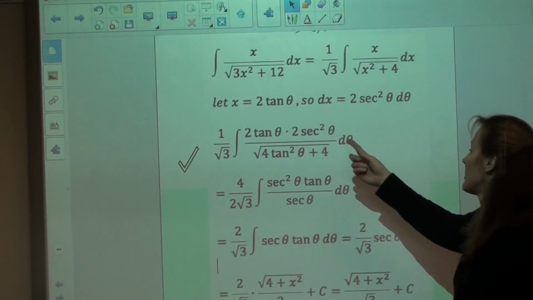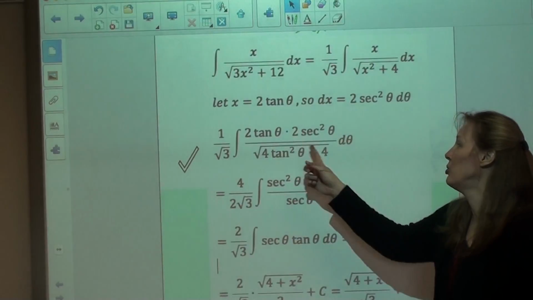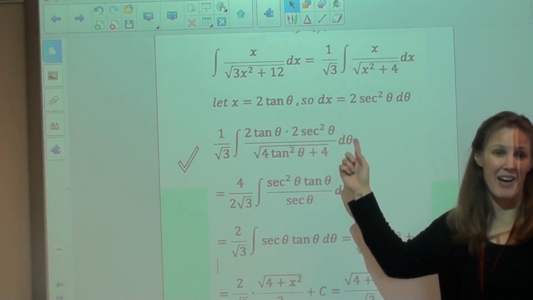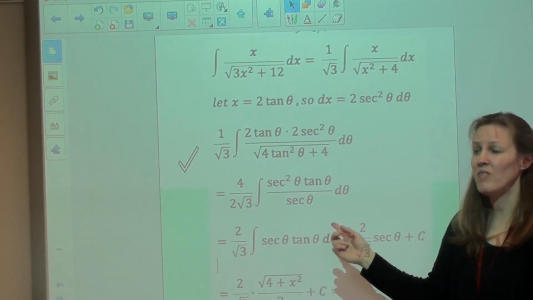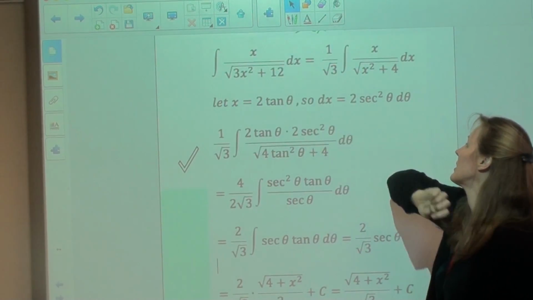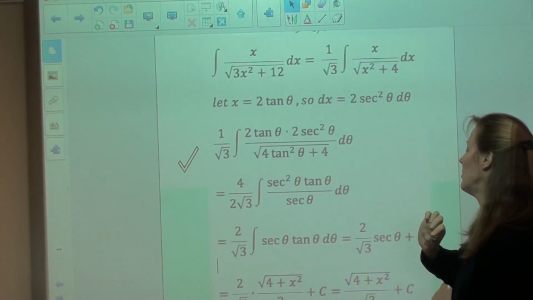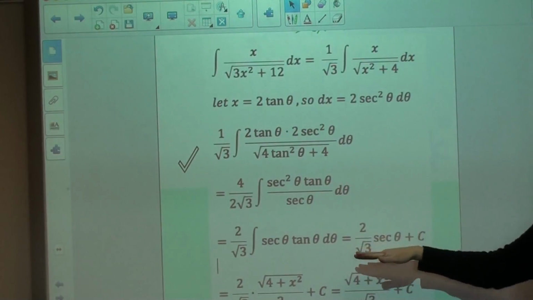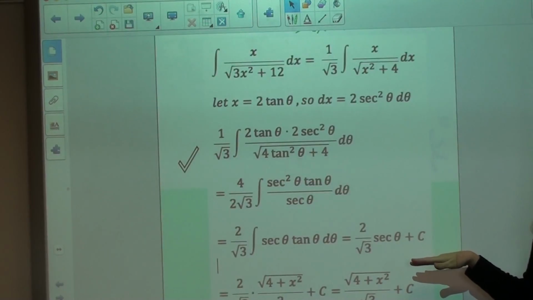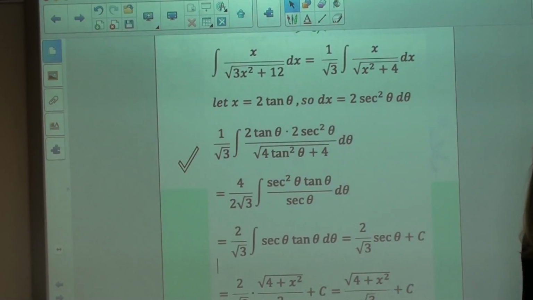Look at what dx was here. It wasn't just d theta, it was 2 secant squared d theta, and if you didn't have that, your problem was probably just a mess, right? So be very careful that you write the dx where it belongs, that you write the d theta where it belongs, and that you write your plus c at the beginning, on the first line when you take that antiderivative, and carry it through.